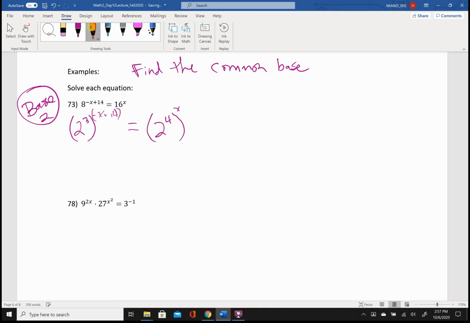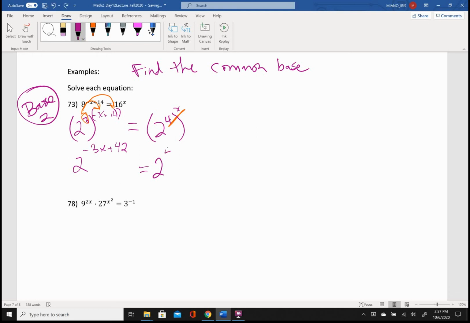Then you can use this 3 and distribute it over that exponent there, multiply these exponents here, and we will get 2 to the negative 3x plus 42. So that's distributing that 3 over this quantity here is equal to 2 to the now 4x power. Oops, sorry, 4x is what I meant to say, not 2x.